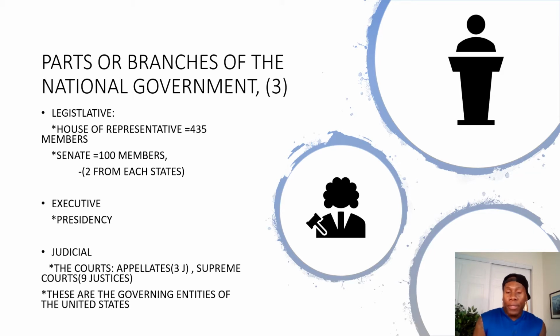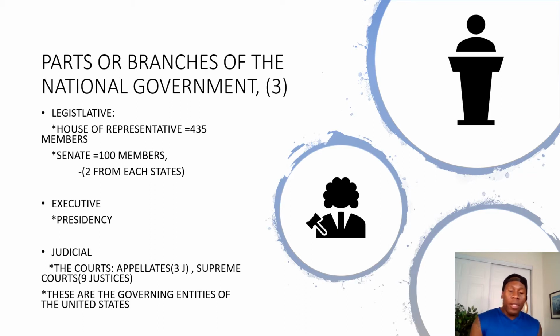When you vote, that's who you vote for. Now, you don't vote for everybody. Every state is divided into districts, and everybody votes for whoever wants to be elected to represent their district, representing different parts of the country.